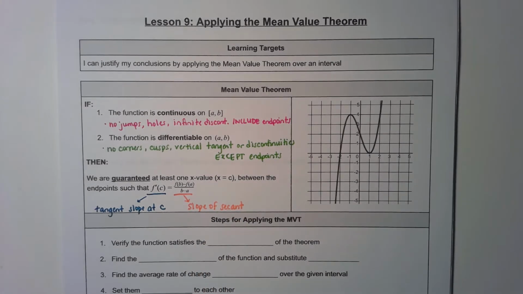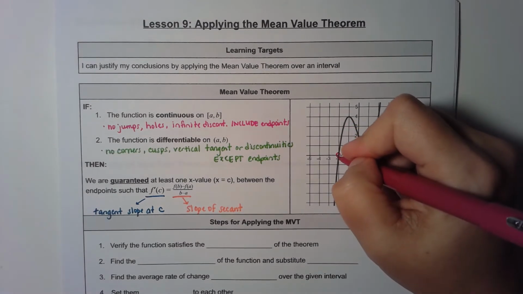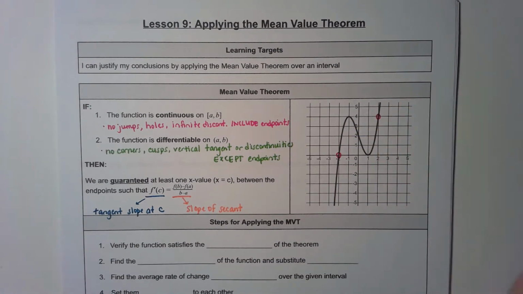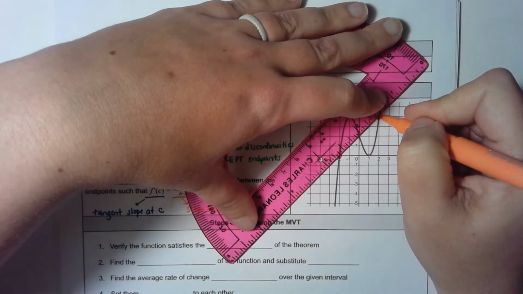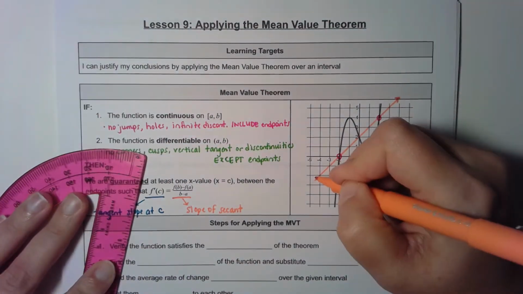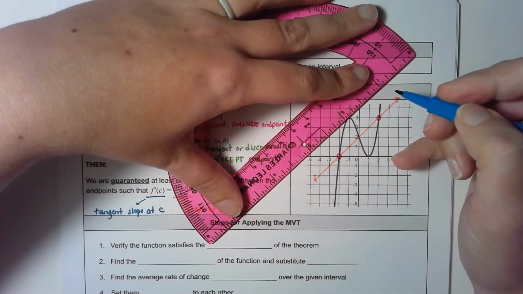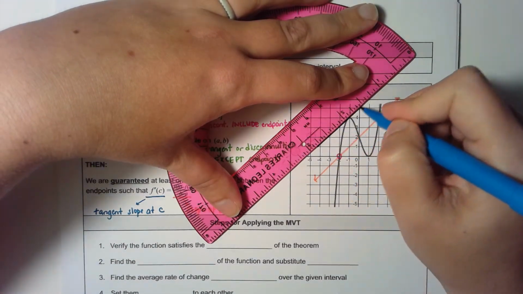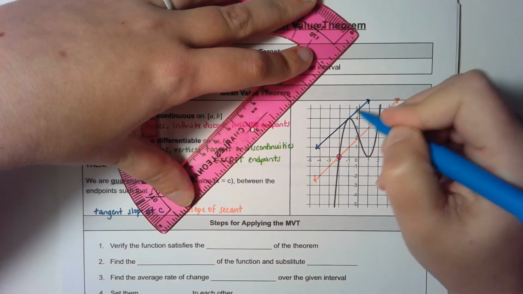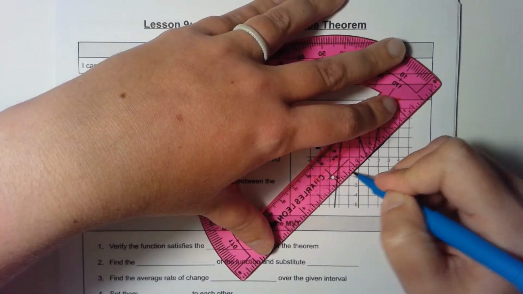So to visualize this, if we look at this graph and we choose to look between, for example, -2 and +2, then the secant line would be the slope that connects these 2 points by just cutting through the graph. And the tangent line would be the places on the graph that have the same slope. In other words, it would look parallel when you graph it. It looks like there's going to be one spot right about here and another spot right about here.